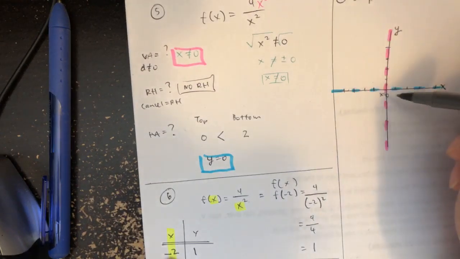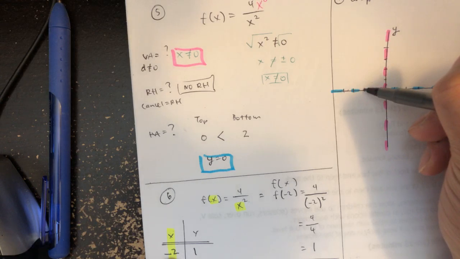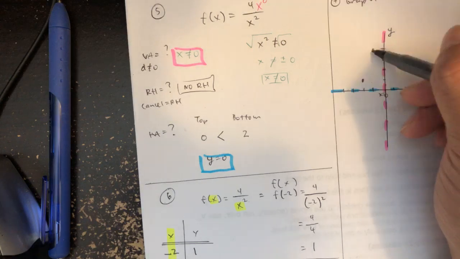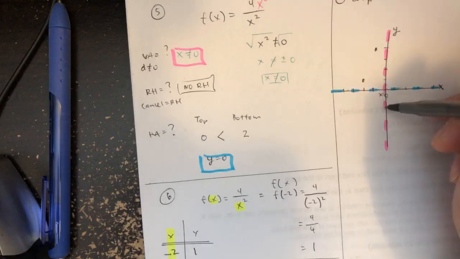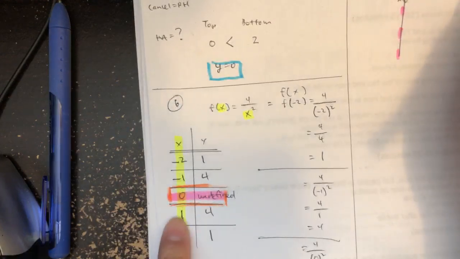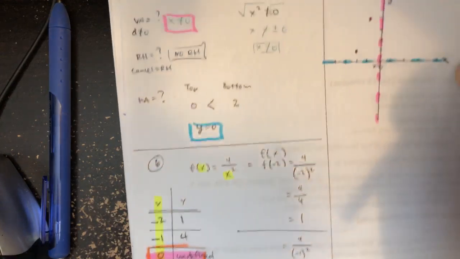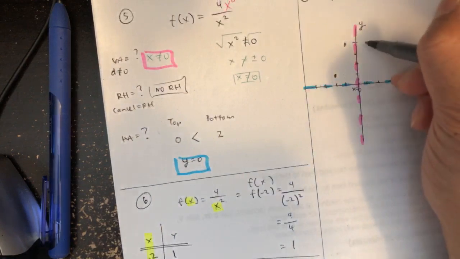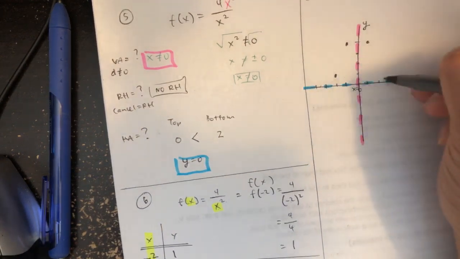And I have -2, +1. -1, 4. 0 is undefined. Right 1. So I'm using these values over here. Right 1 on the x-axis, 4 on the y-axis. And then 2, 1.